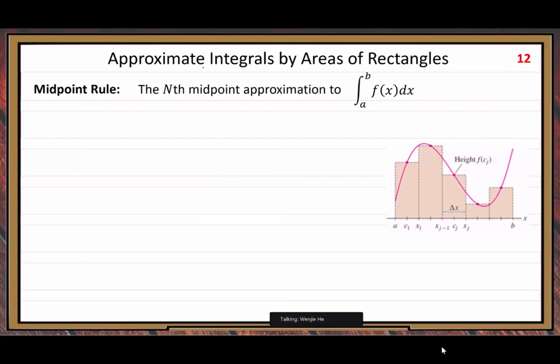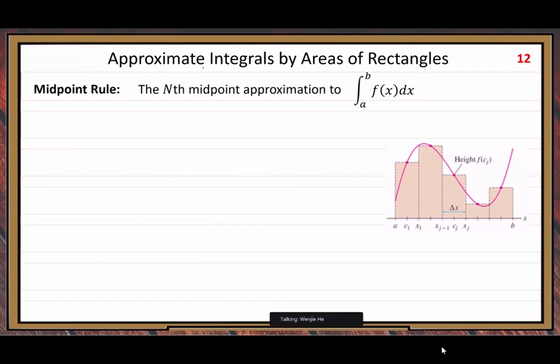Look at the property. For each rectangle, you can see some part is higher than the curve and some part is below the curve, and positive and negative cancel out, making up a little bit. From that point of view, there is some cancellation factor we can consider.